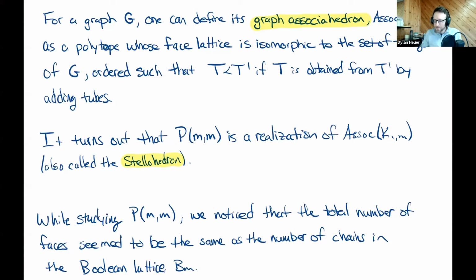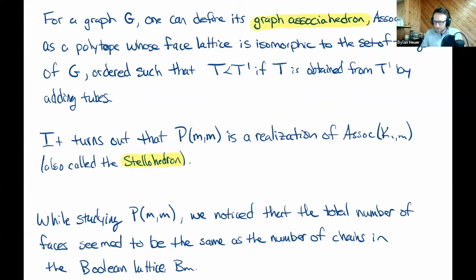And through a bunch of digging through papers and literature, I found out that what I was looking at, the partial permutahedron when M and N were equal, is actually a realization of this graph associahedron of the star graph. I found this is sometimes called the stellahedron, which I guess makes sense because it's on the star graph.